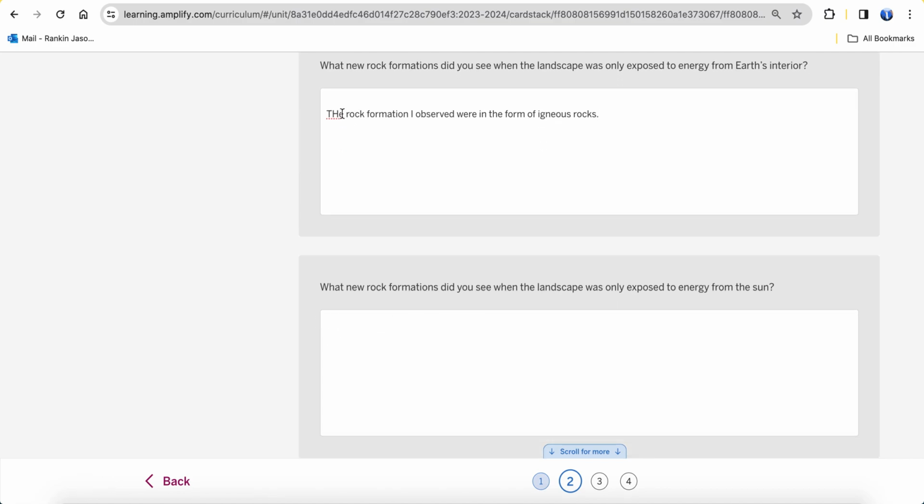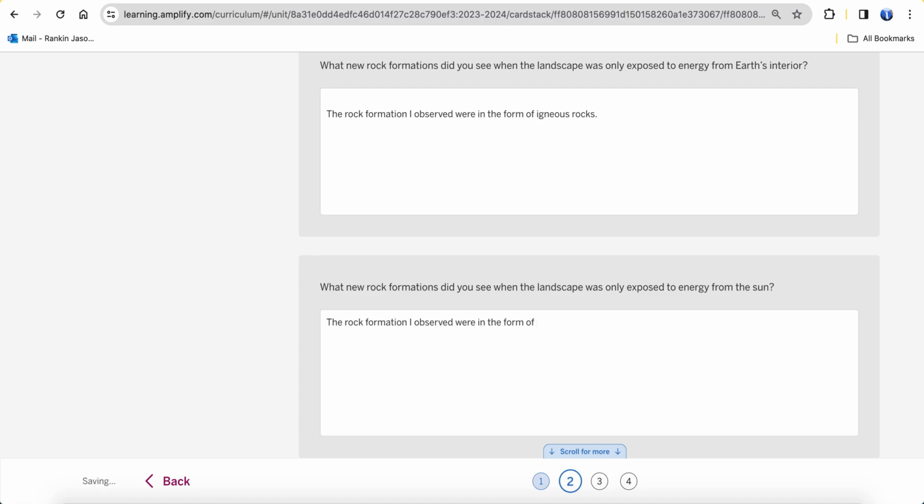All right, and then what new rock formations did you see when the landscape was only exposed to energy from the sun? All right, so the rock formations I observed were in the form of.